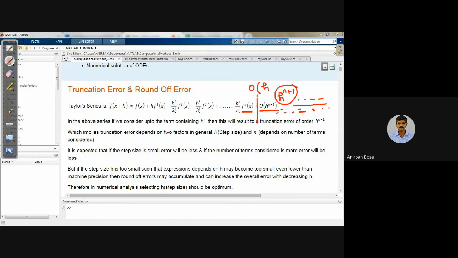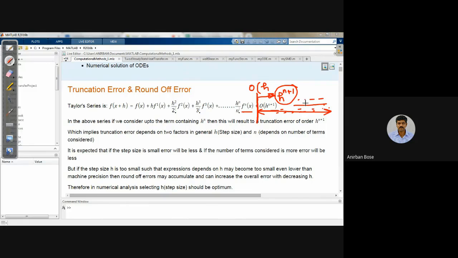And the remaining part that we are not considering, that means we are going to encounter some error, and that error is called the truncation error because we have truncated the series up to this much. So this much will be the error because those terms we are not considering. And what is the leading order term of the remaining terms?